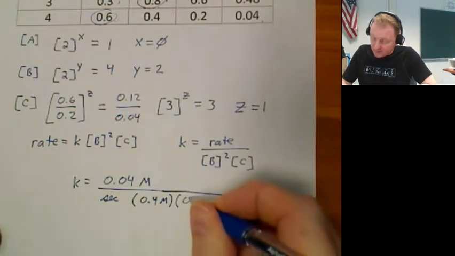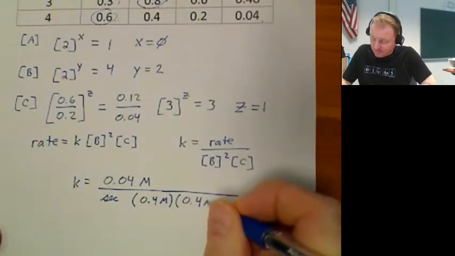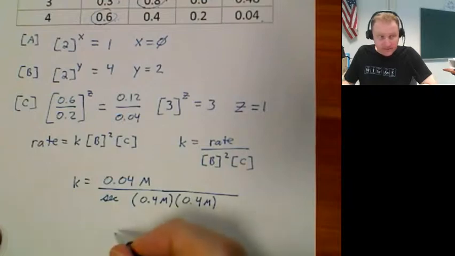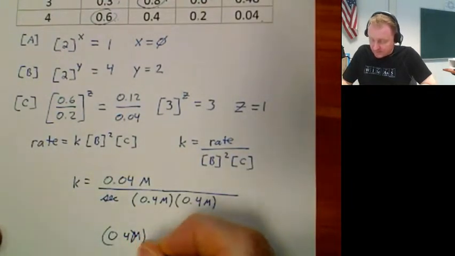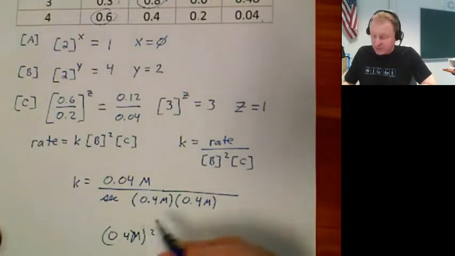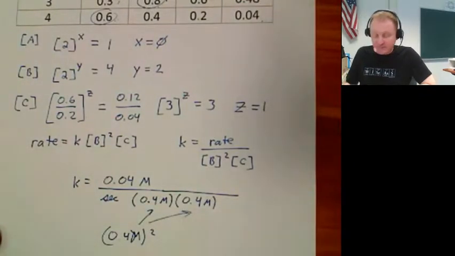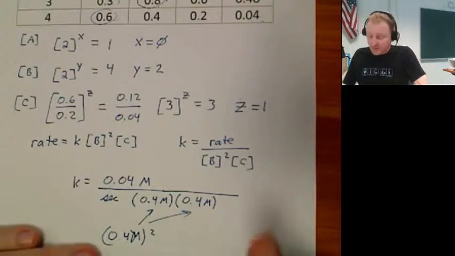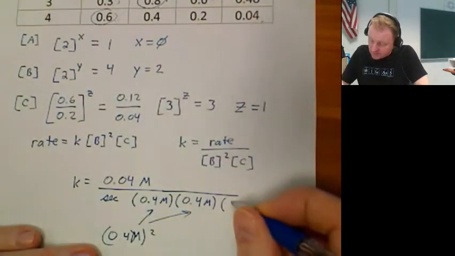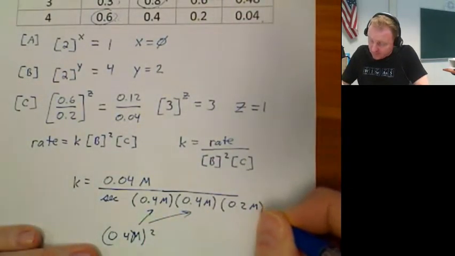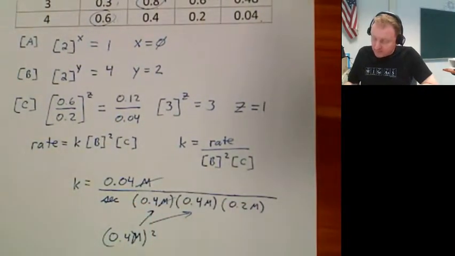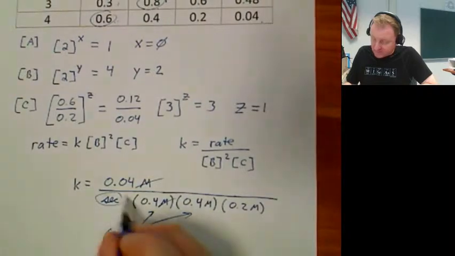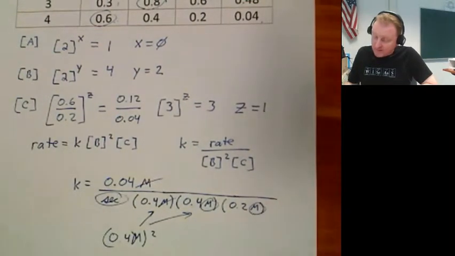I'm just going to write it twice because that's what molarity squared is, just two of them. And then finally we have C, which is 0.2 molarity. A molarity cancels out with one of the molarities, and what we have left over is a second and a molarity and a molarity.